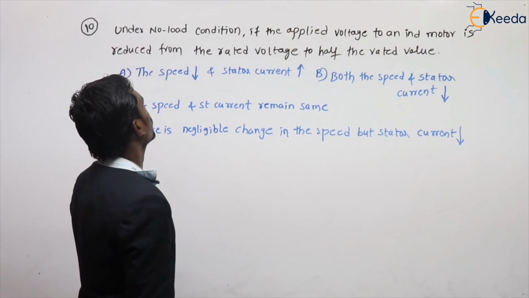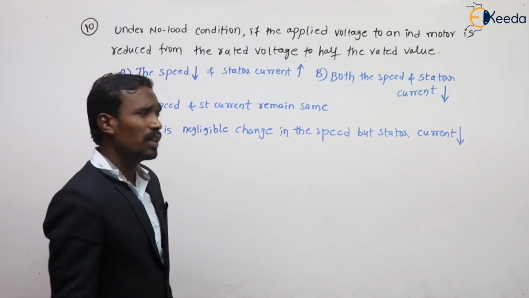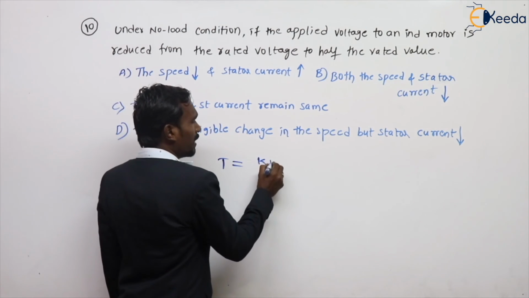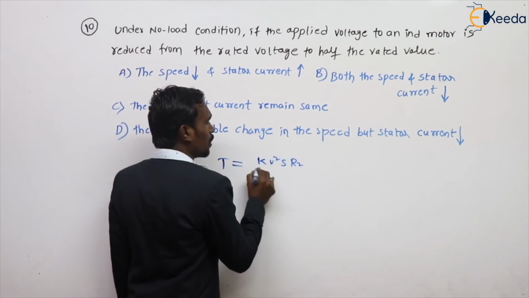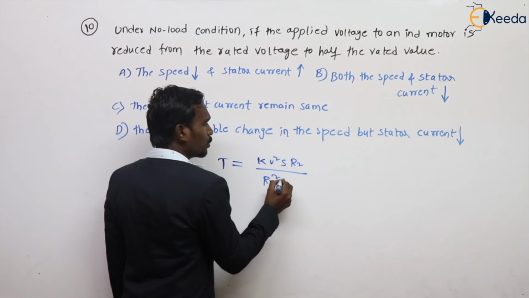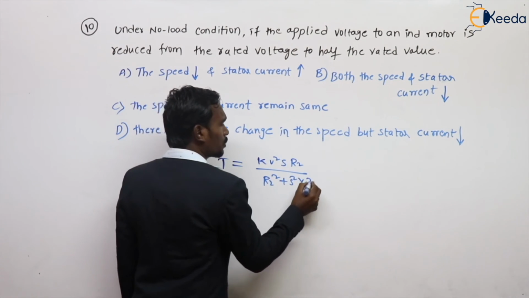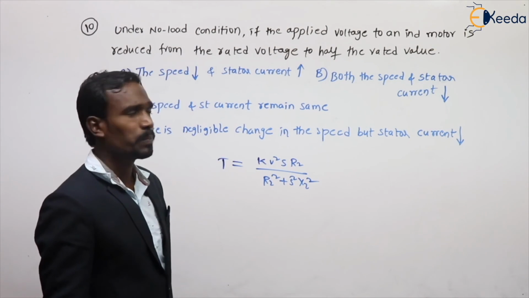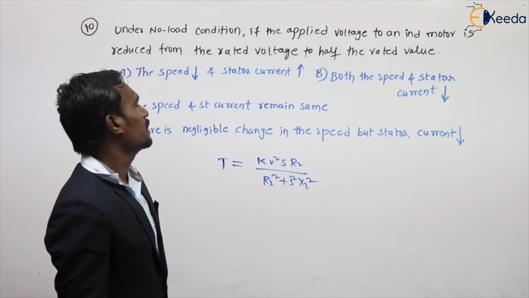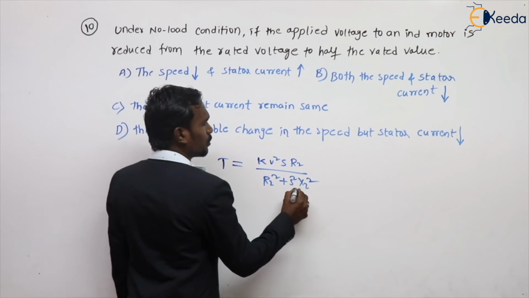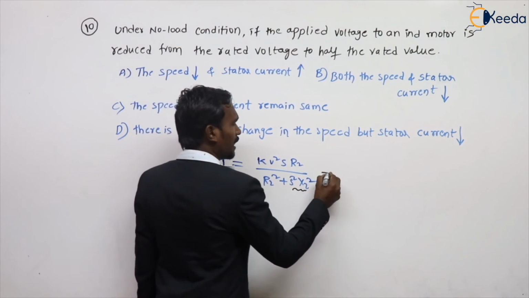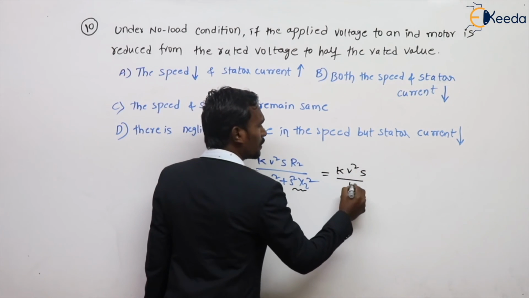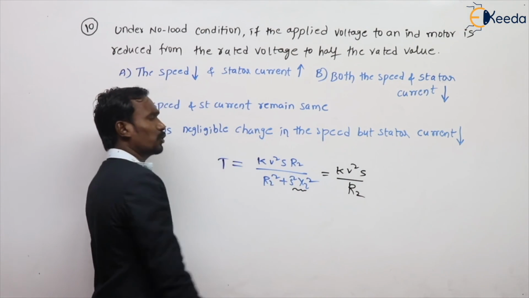See here, generally the torque T is equal to K V square S R2 upon R2 square plus S square X2 square. Here if S square X2 square is neglected, the answer is K V square S upon R2, because R2 square gets cancelled.